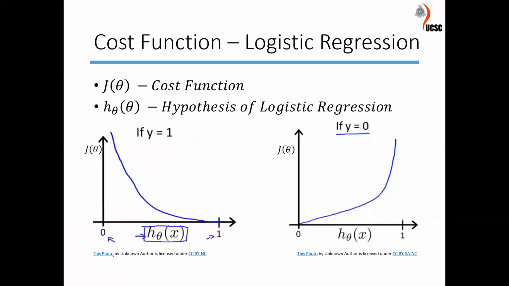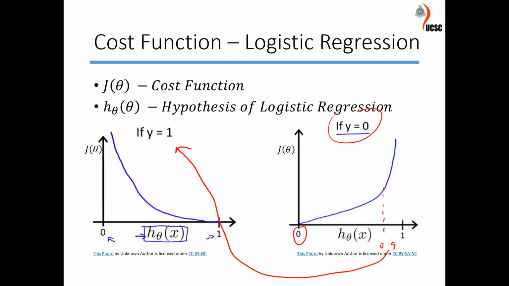In other words, if our cell is considered a healthy cell, that means y equals 0. Then in that kind of scenario, your hypothesis gives 0.9. That means it predicts a nearly cancer cell.